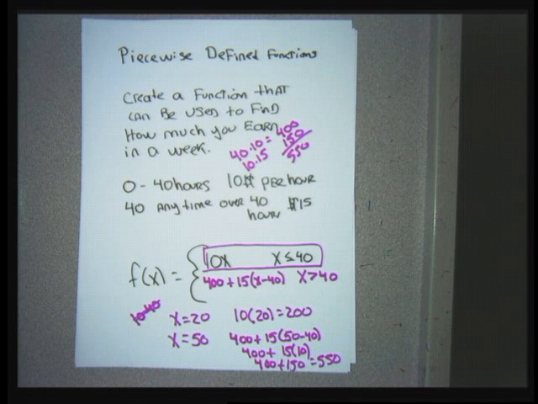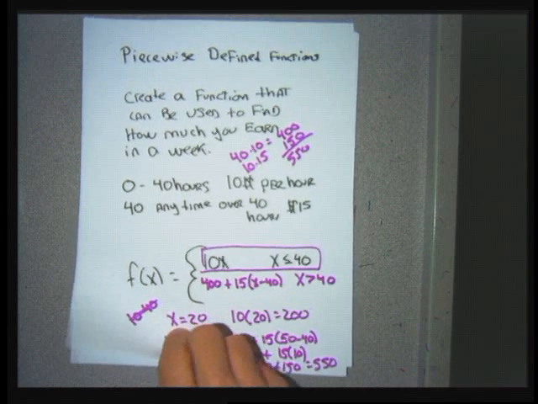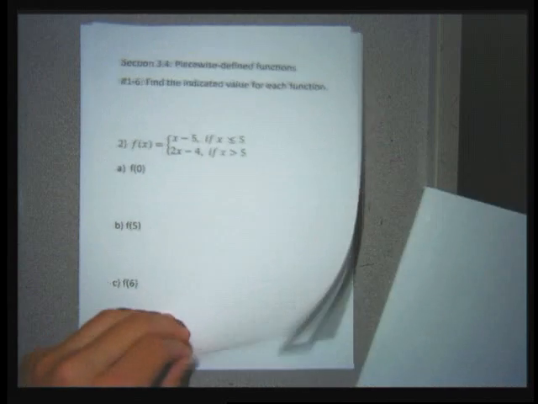So the beginning problems in this section just give me a function that's defined in either 2 or 3 pieces, and they want me to learn how to use the function, how to plug numbers into the function. And it's not particularly difficult once you get the hang of it. It might be a little tricky for the first couple that I do.